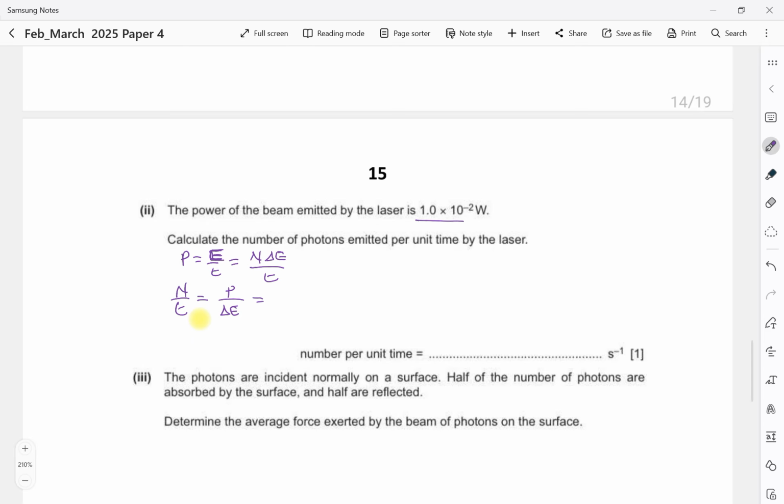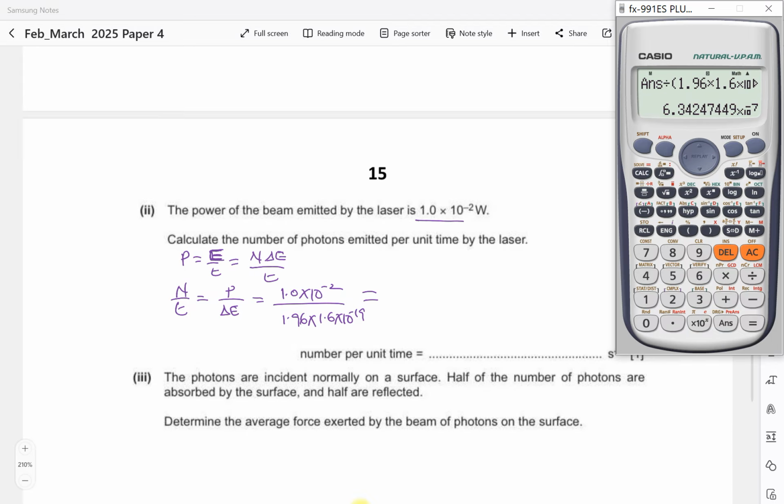So this is going to be the power, which is 1.0 times 10 to the power of minus 2, and the energy of just one photon is 1.96 times 1.6 times 10 to the power of minus 19 to change it to joules. This gives you 1.0 exponent minus 2 divided by 1.96 times 1.6 exponent minus 19.